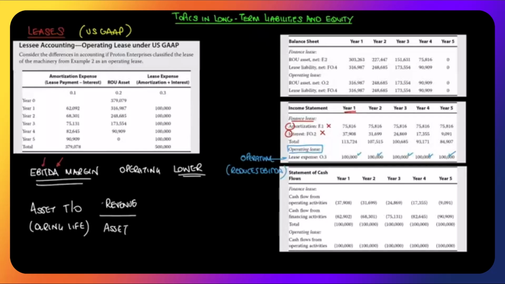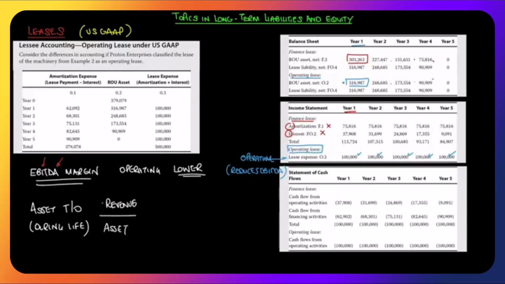But year by year, compare and contrast the balance sheet. If I have an operating lease, my right of use asset here was $316,987 at the end of year 1. If, however, it was a finance lease, the right of use asset was only $303,263. And you can see that tracks all the way through. The asset under the finance lease treatment is always at a lower value. What does that mean? Well, back to my operating, my asset base is higher.